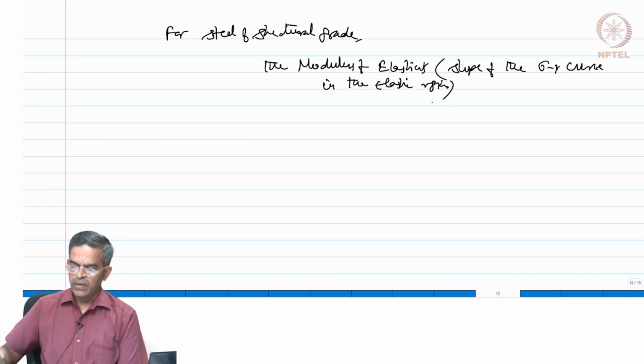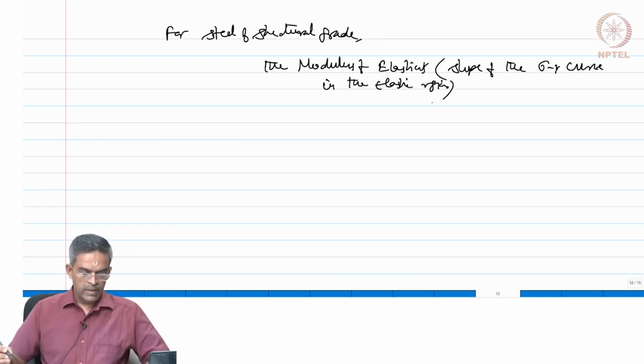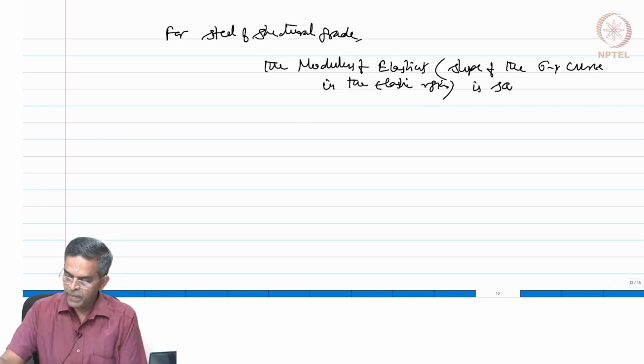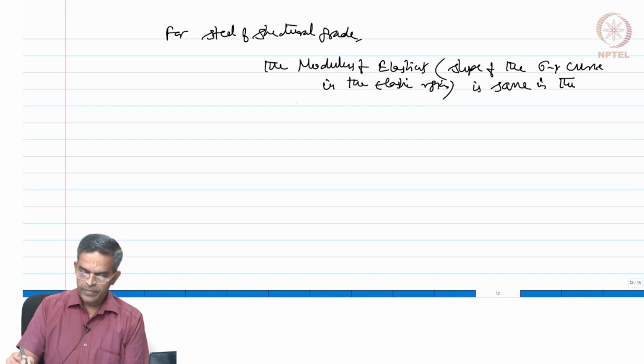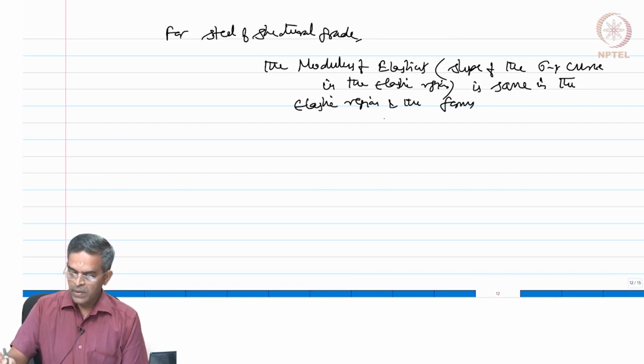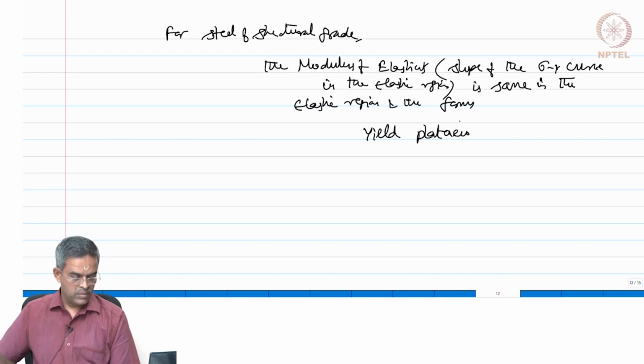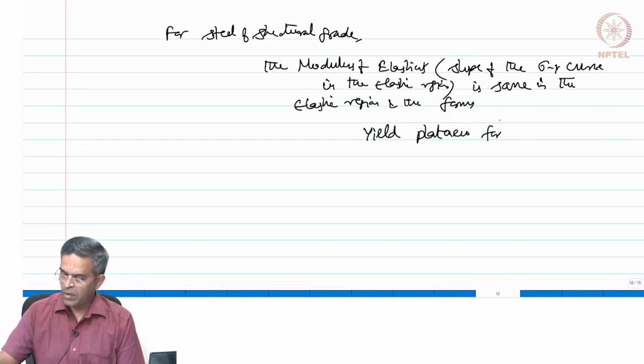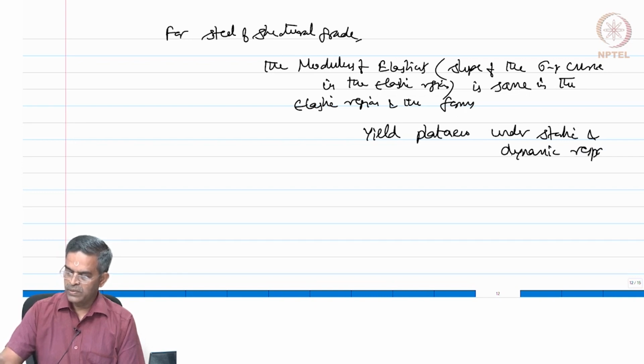Okay. So, the modulus of elasticity is same in the elastic region and forms a yield plateau under static and dynamic response.